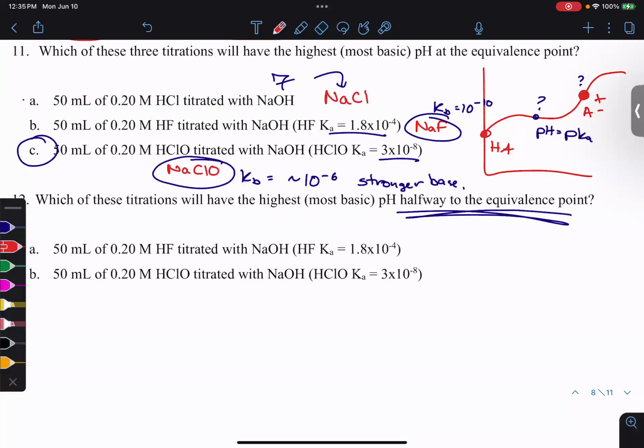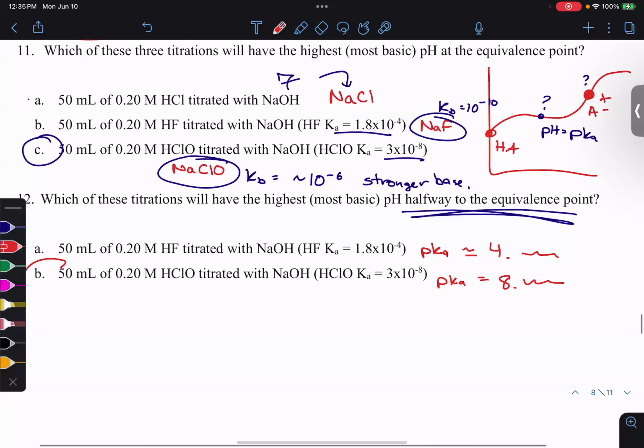You simply calculate the pKa of both of these acids. The pKa for the first one is about 4. It doesn't really matter what the number is, it's like 4 point something. And the second one's pKa is 8 point something. So that means B is going to have the most basic pH.